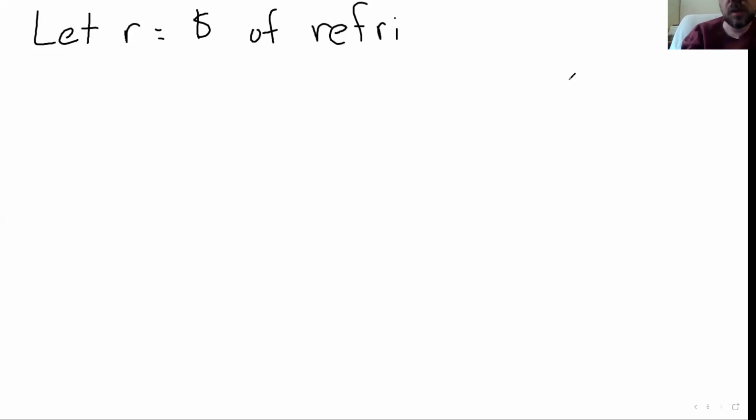I'm going to use R for the refrigerator and D for the dishwasher. So I'm going to start this problem by saying let R equal cost of refrigerator, and let D equal cost of dishwasher.